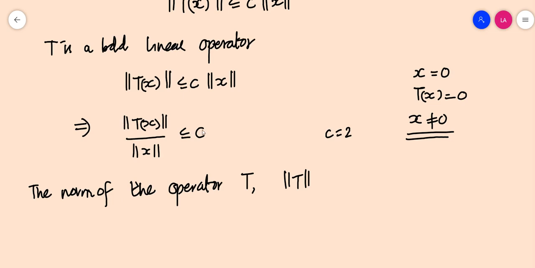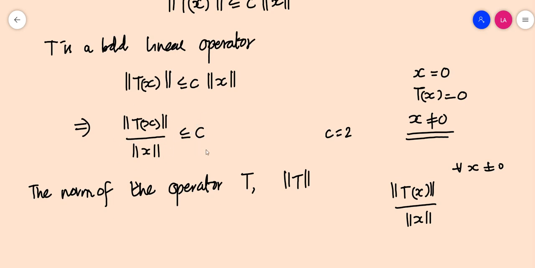In other words, C is an upper bound of this collection. If you take the collection of the norm of Tx divided by the norm of x for all x belonging to the domain of T with x not equal to 0, C is an upper bound of this collection. And we want the least C, so we want the least among the set of all upper bounds of this collection.